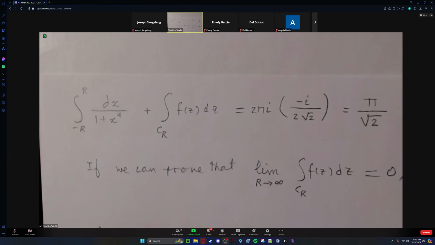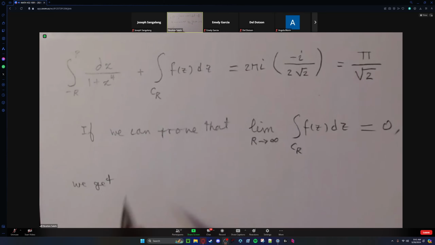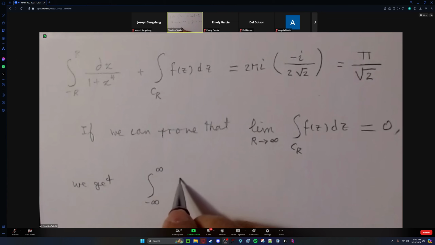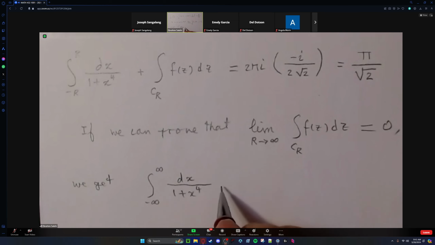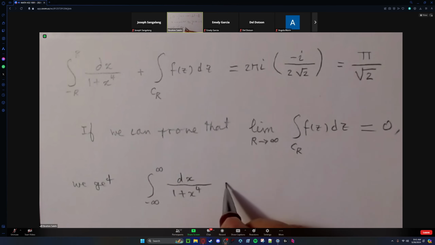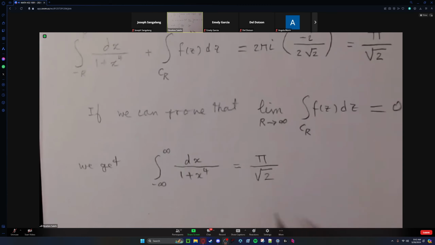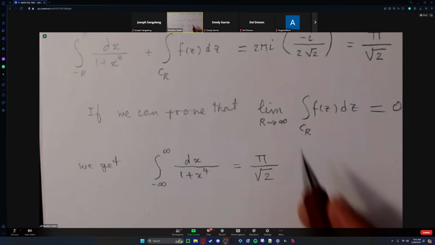Here, we get the integral from negative infinity to infinity dx over 1 plus x to the 4 equals this one, because we found the value. Okay, isn't that nice?